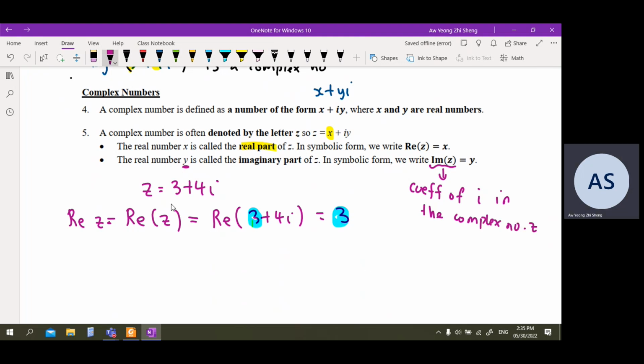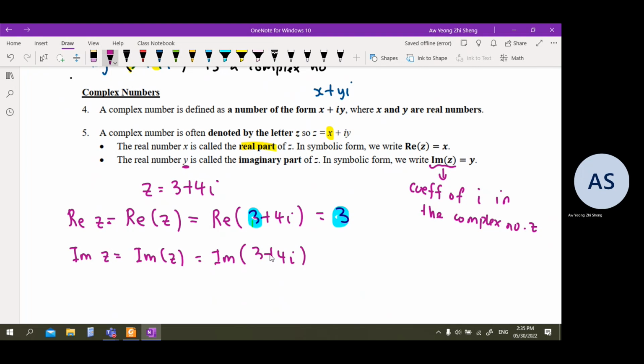Using the same example, the imaginary part of z you can write as Im z, and some books write Im bracket z. It is the imaginary part of 3 plus 4i, and it is simply the coefficient of i, which is the number 4.